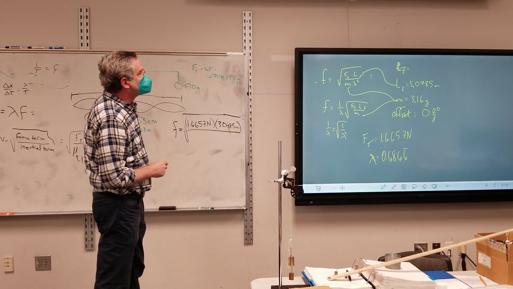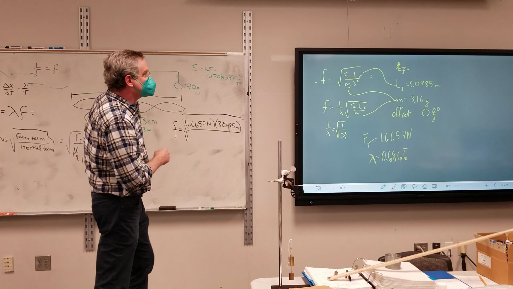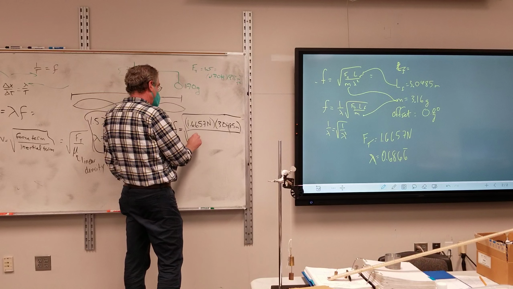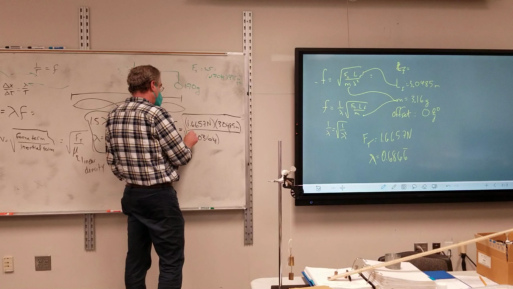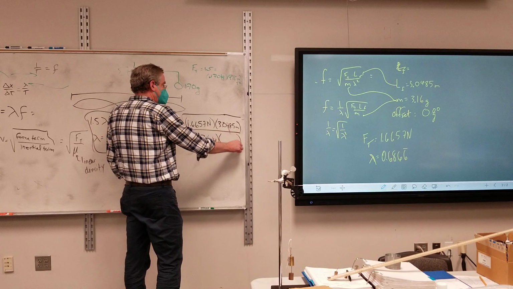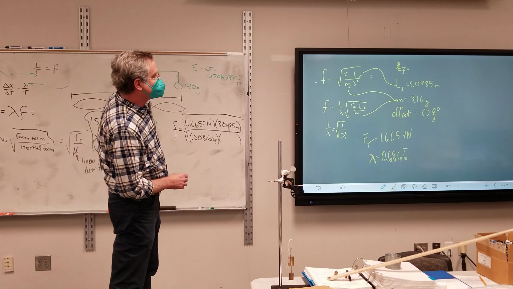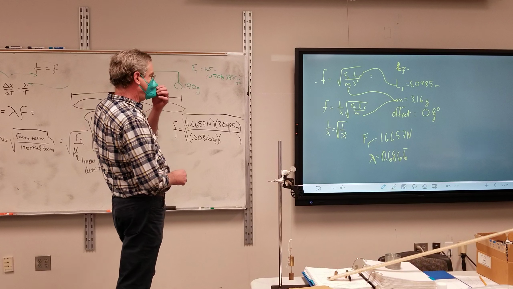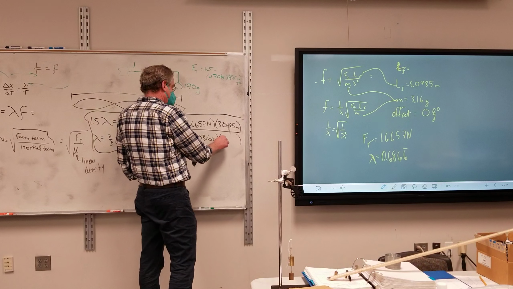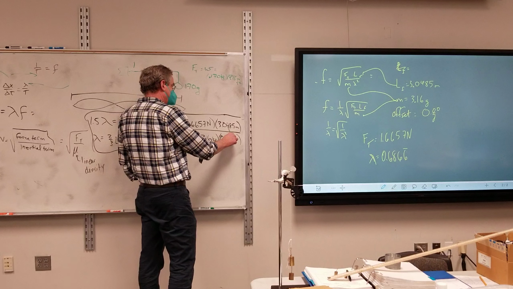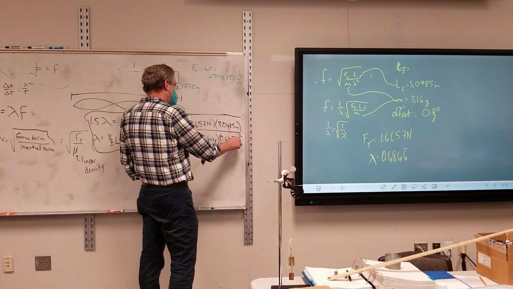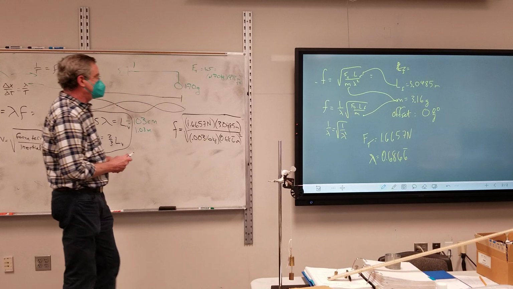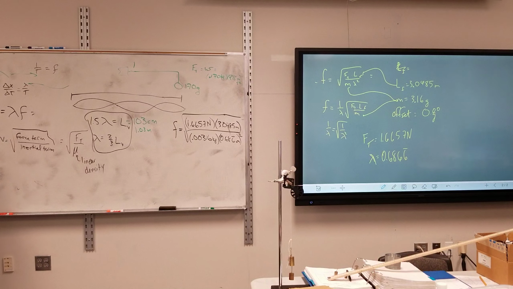Divided by the mass of that amount of string, which was 3.16 grams or 0.00316 kilograms. And then also on the bottom, we got the wavelength squared, and the wavelength was 0.686 repeating squared. And that was meters.